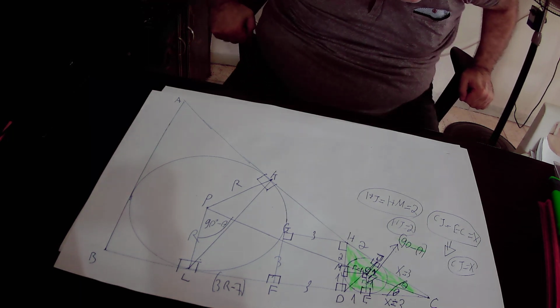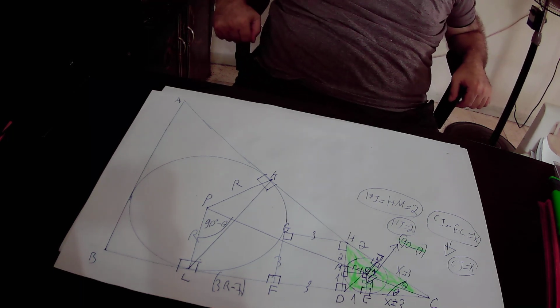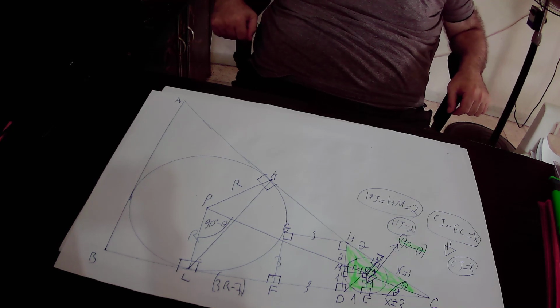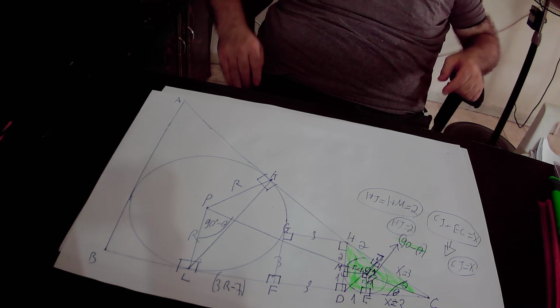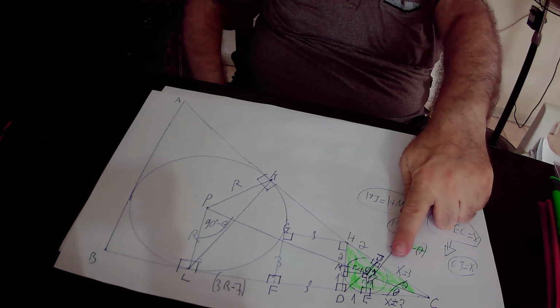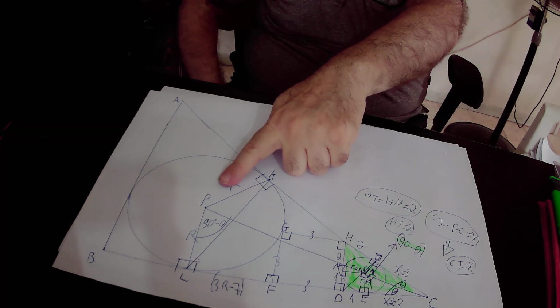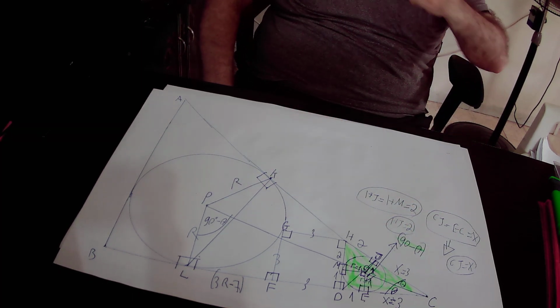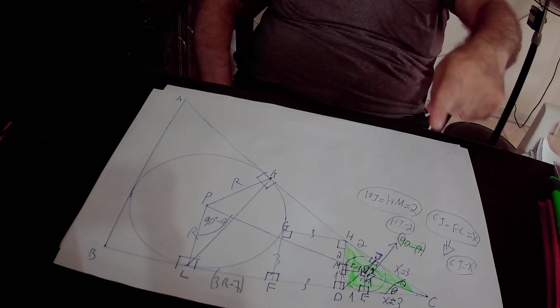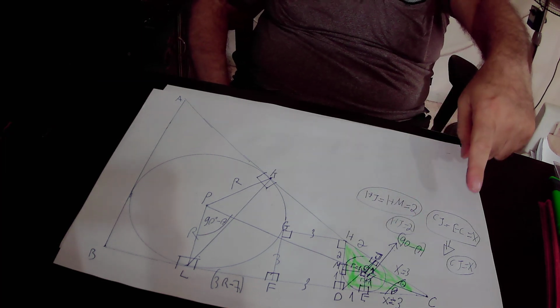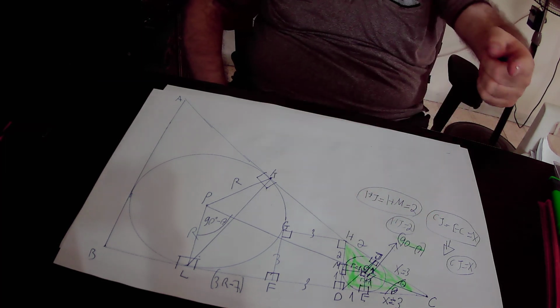So due to the contradiction, we concluded that our assumption that CO doesn't pass through point P is incorrect. Therefore, we conclude that CO must pass through point P.